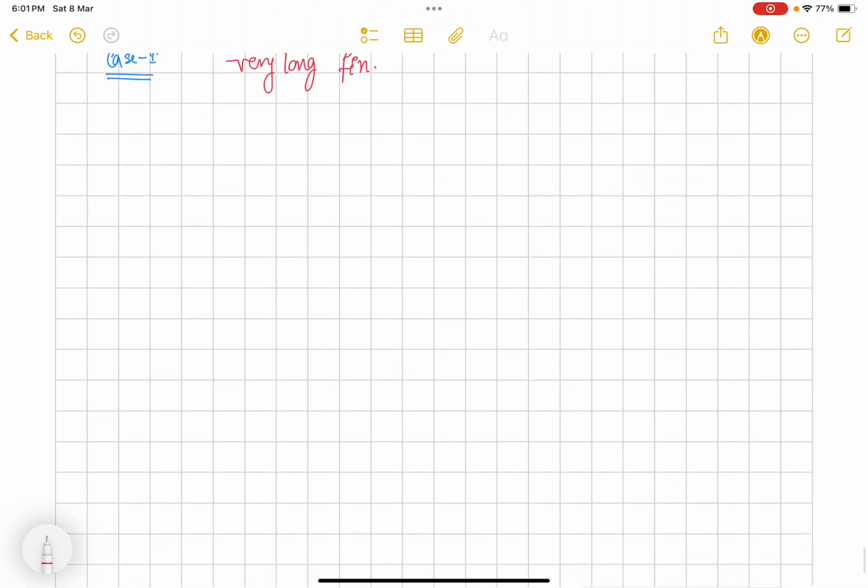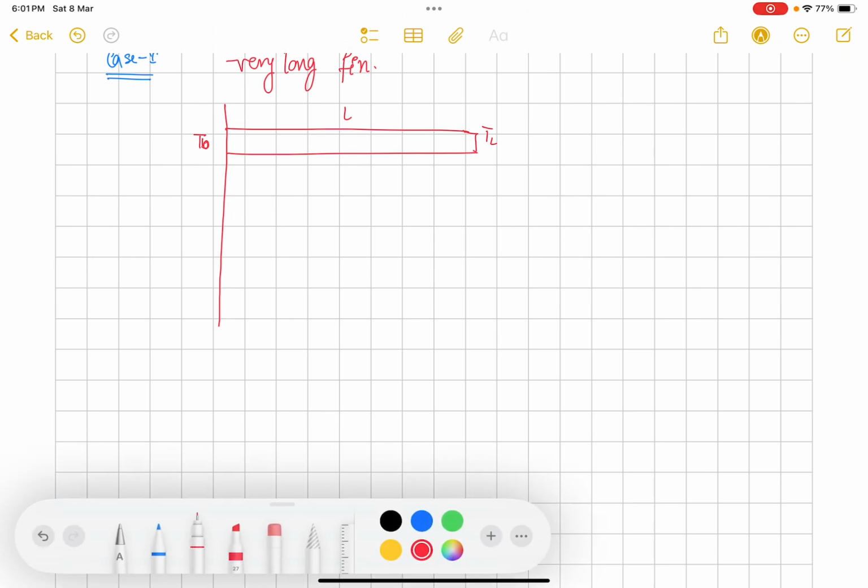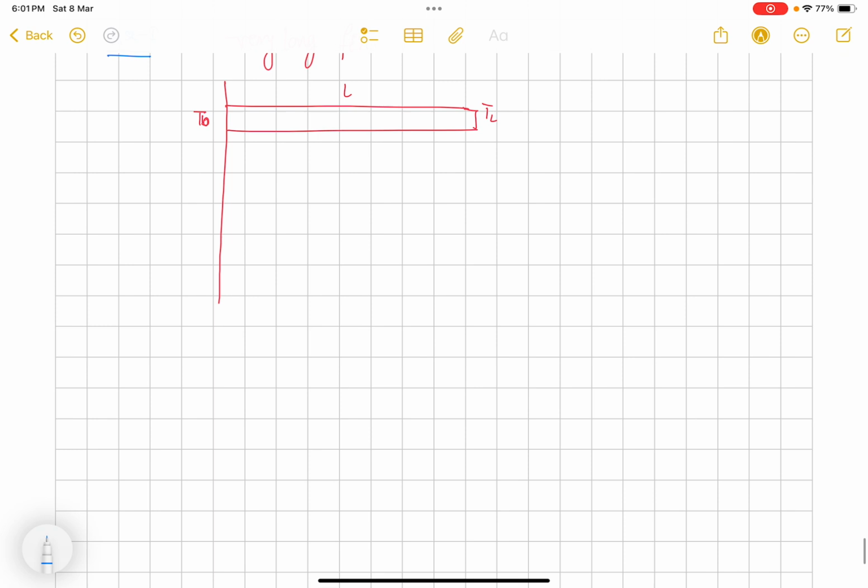So what will happen in that case? For the case of a very long fin, let's say this is the base surface, which is having the temperature TB. This is the length of the fin, and this is the temperature at length L. And let's say the temperature variation along the fin is like this.